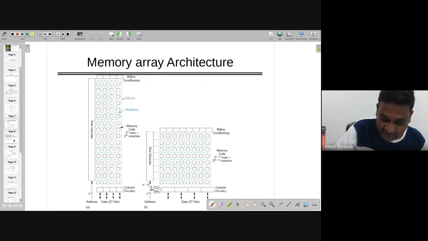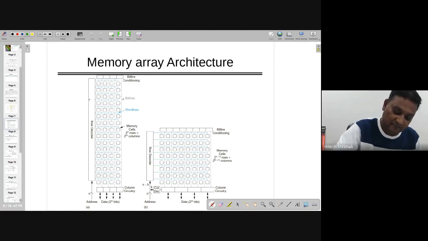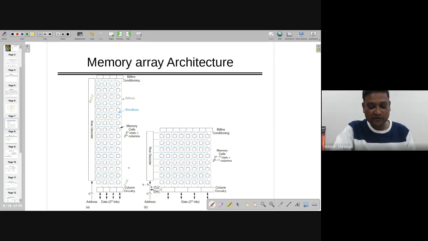But you can see same thing over here, where the row decoder has 16 lines this side, so it's 4 is to 16 decoder, and this side it's 2 is to 4 decoder. Same thing can be designed with the fact that this side you can have 3 is to 8 and 3 is to 8 decoders, which are going to decode the value which is required.